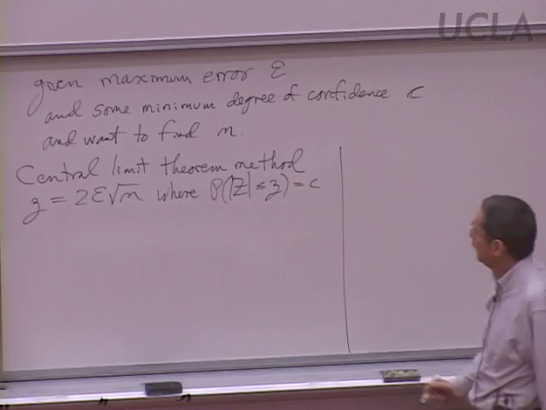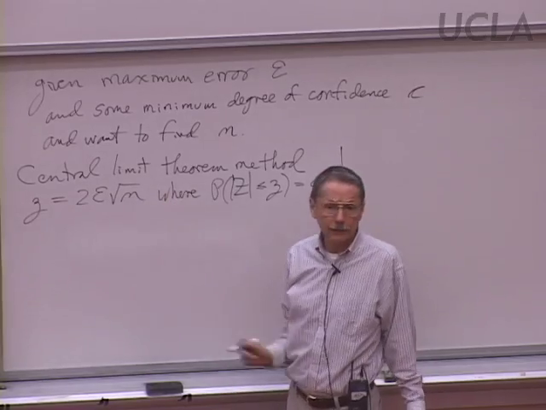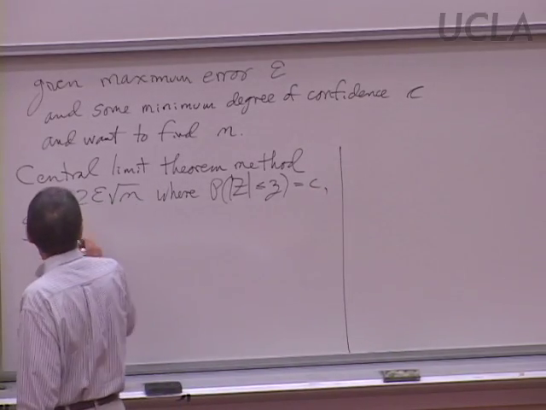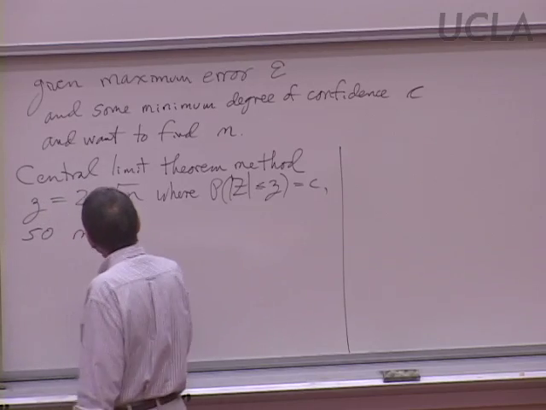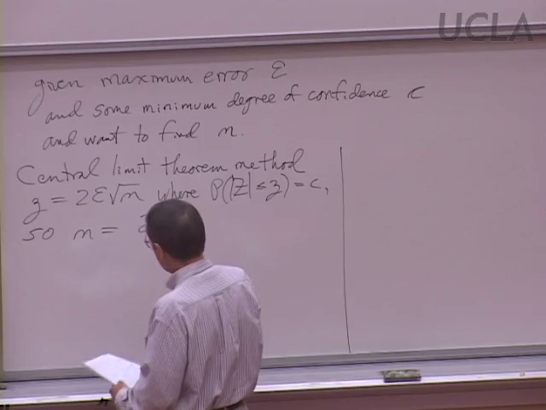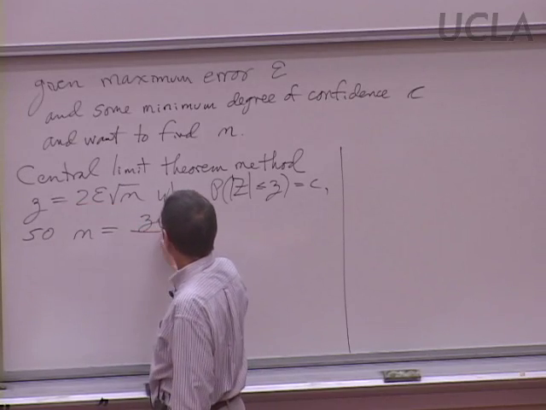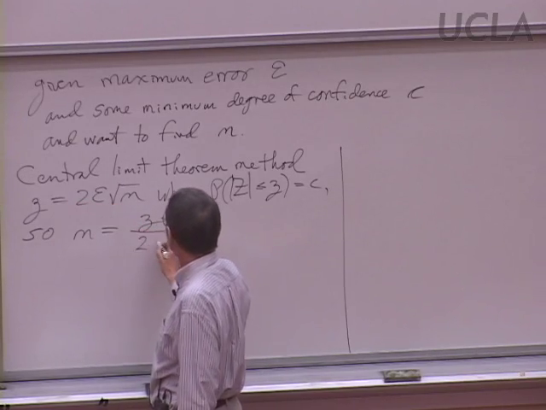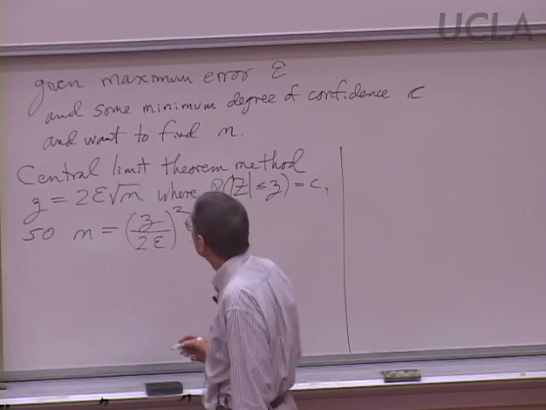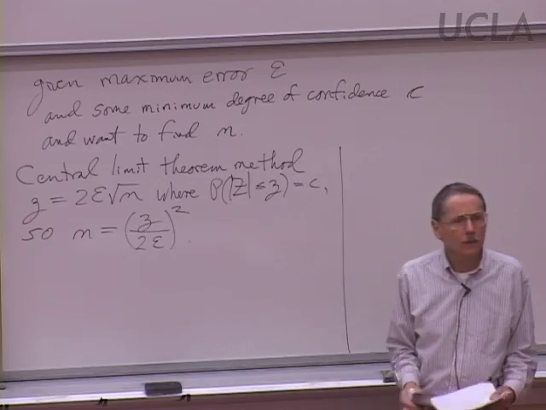And this is an equation we can solve for n. Square root of n is z over 2 epsilon, so then we need to square that.